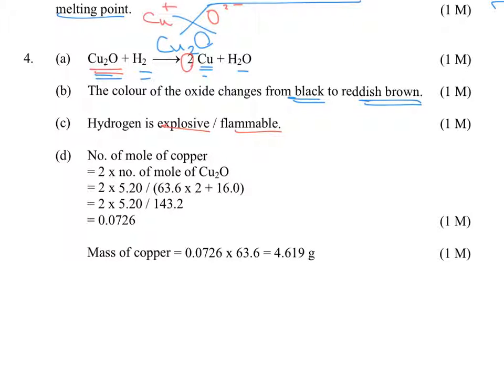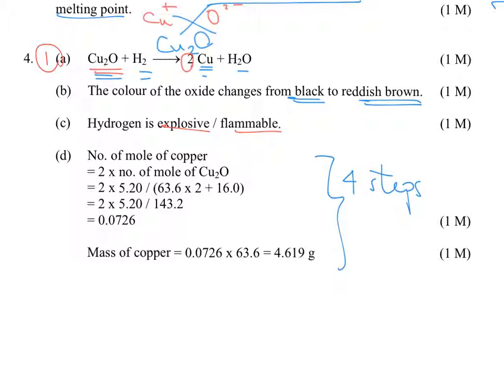So part D: calculate the mass of copper formed. How to calculate? Again, this is the 4-step method, as I mentioned before. You need to remember. At step 1, for part A, you already know the first step: balance the chemical equation.